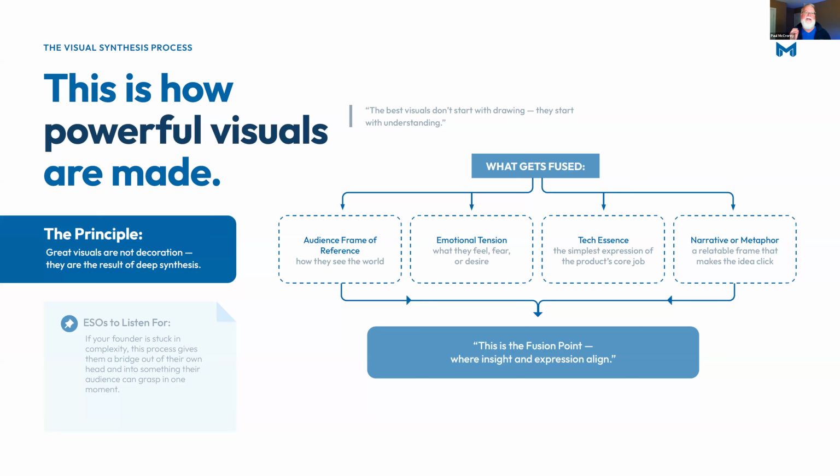Back to getting the tech essence, the simplest expression of that. And then if we can connect it to a metaphor, to me, this is the framework I want to build an image off of.